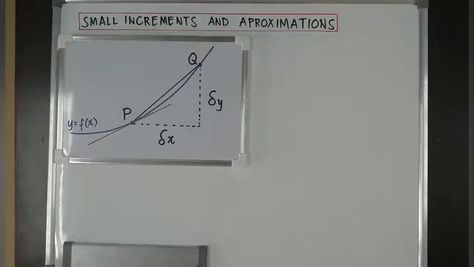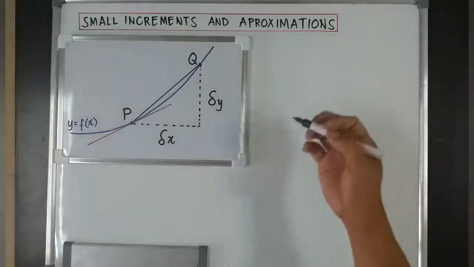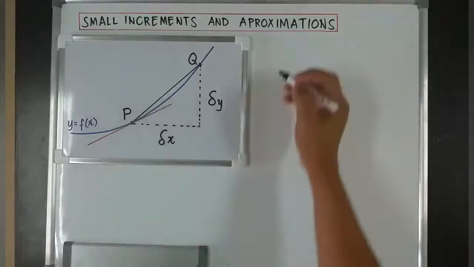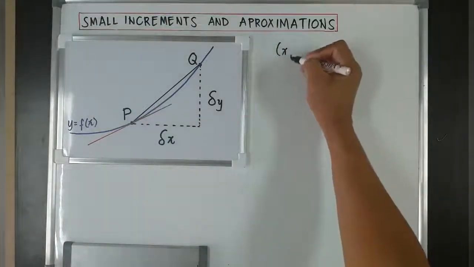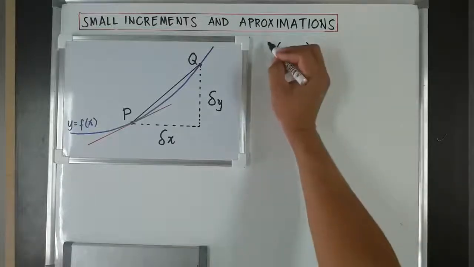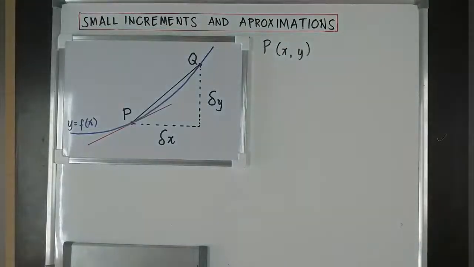But before that tangent, let's say that a point P has the coordinates. Always remember that the coordinates of a point are always x, y. So let's say point P has that coordinate, x, y.